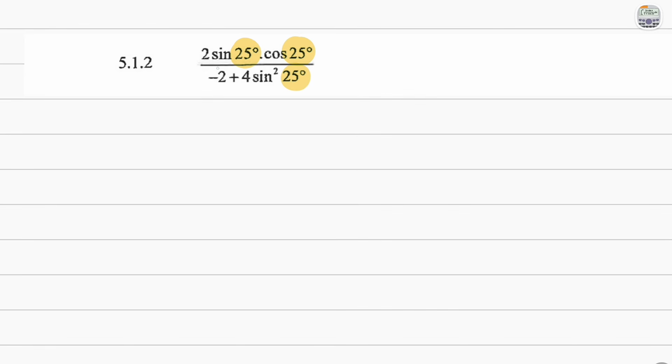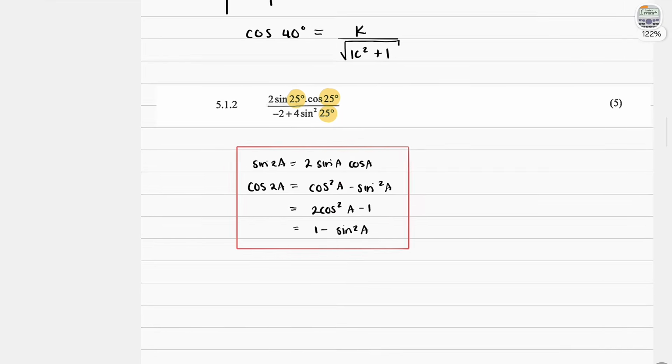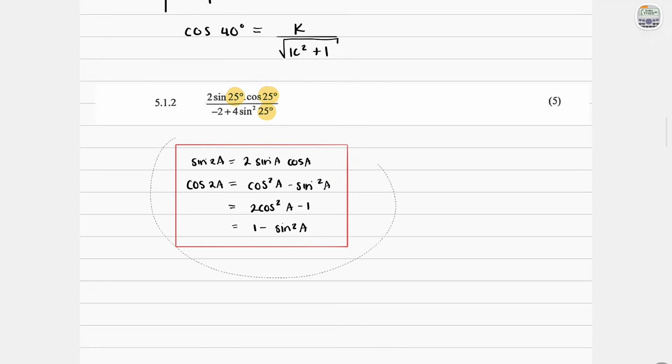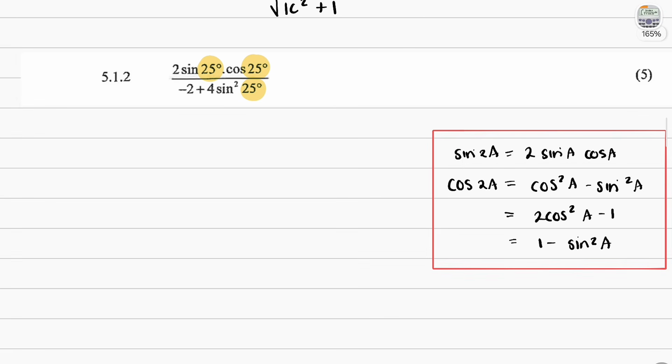Now, it says 2 sine 25 degrees cos 25 degrees. You can clearly see we are using double angles. So let's just go ahead and put down the double angle identities. Okay, so here we are. And you can already see from this that they have clearly used the double angle identity for sine 2a here.